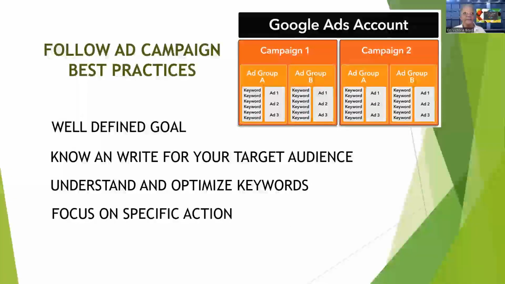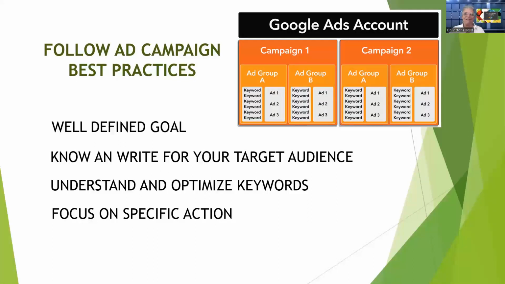A lot of social media posts and things like that, the post will say, go visit our website. That's too generic. So people get to your website, what are they looking for then? Generally, they'll stay 2 or 3 seconds. If they don't see what they actually are looking for, they're gone. If you focus on a specific action, you're sending them to exactly what they were looking for, and they don't have to search for them.